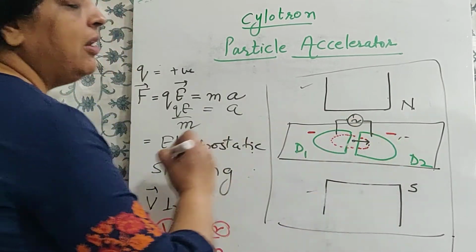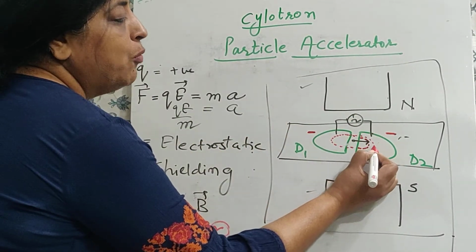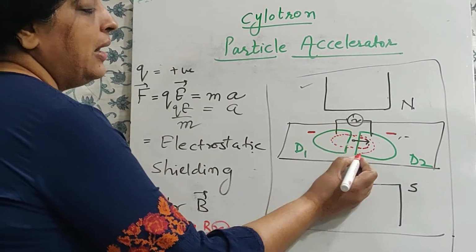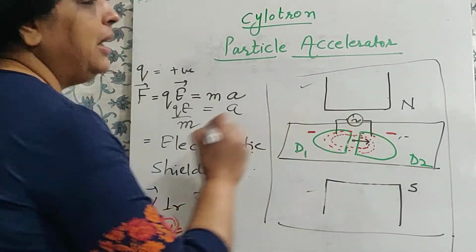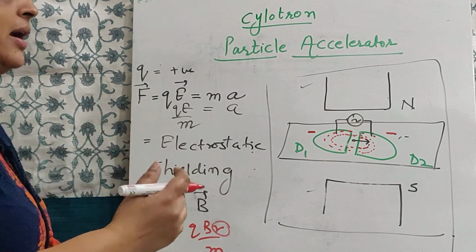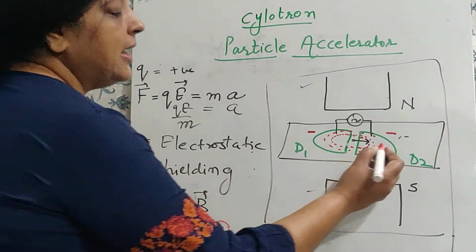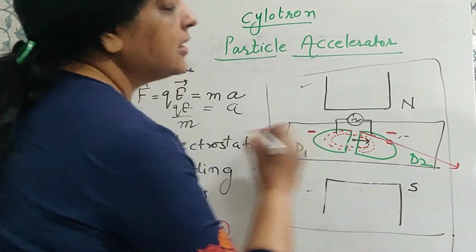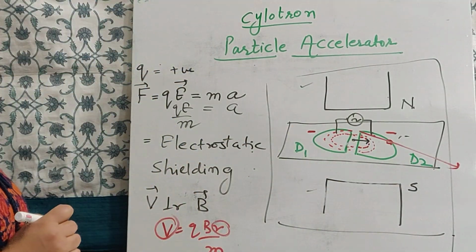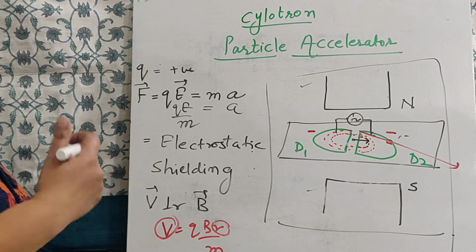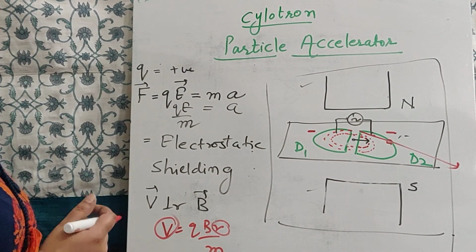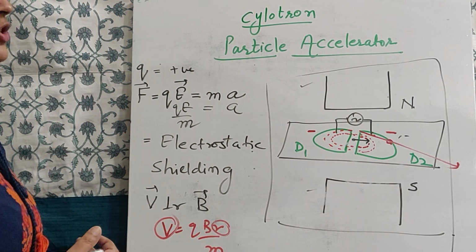At this time this D will become negative and it will move in a path of greater radius than this one, and this will keep on happening unless and until it acquires a sufficiently high velocity, and then there is a small exit window over here through which it comes out and it is ready to hit a target nucleus. And when it hits a target nucleus, we are ready to study the nuclear reactions.